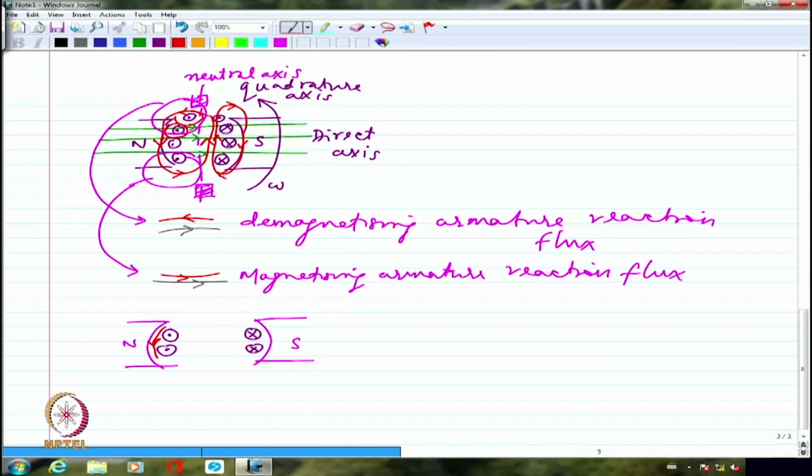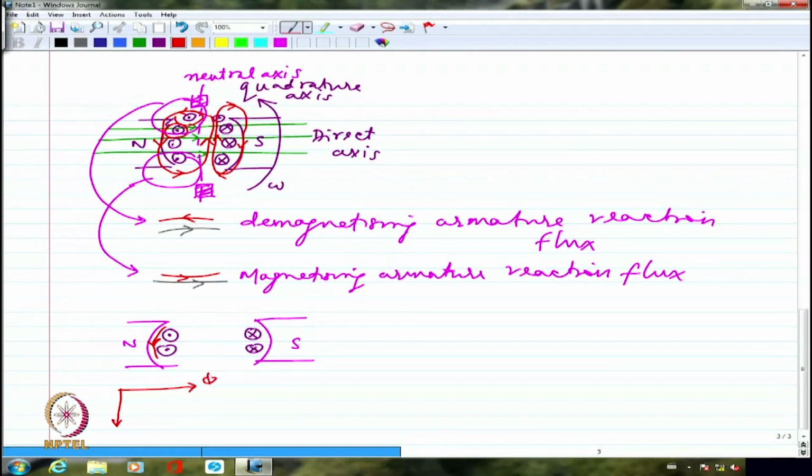It is neither aiding nor opposing. So if I look at the resultant here, this is the way I am going to have my main field flux, and I am going to have my armature flux line somewhat like this, depending upon the strength of the armature current, of course.